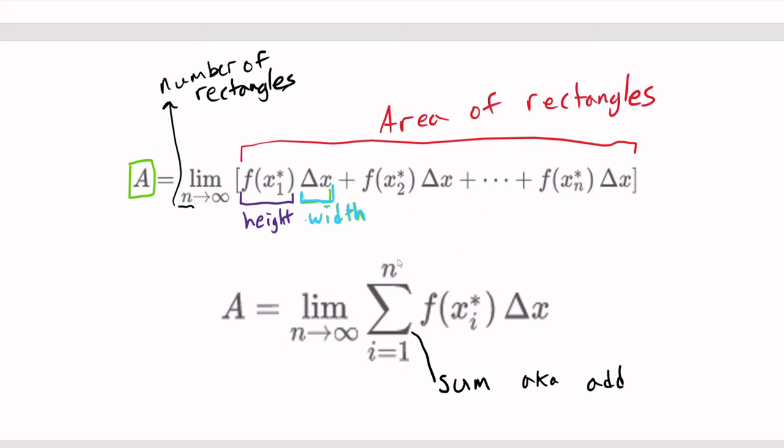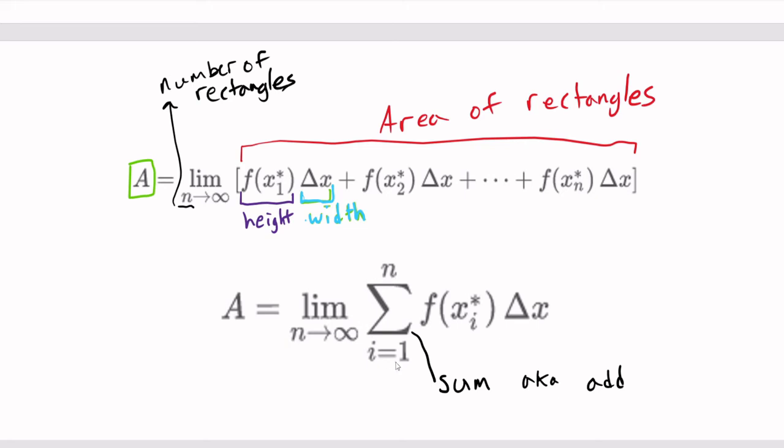And all of these symbols here are just telling me how to do the addition, how to count up all these things. i is an indexing variable, just like a dummy variable that helps me keep count. I start at 1 because, yep, I want my first rectangle. And then I keep adding 2, 3, 4, all the way until I hit my nth rectangle, where in the case above that was 4, right?